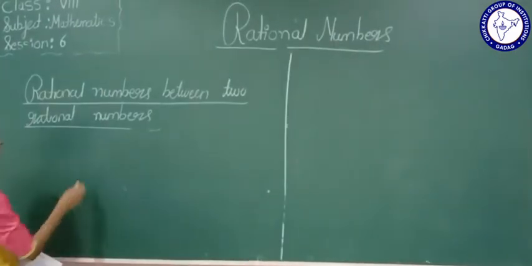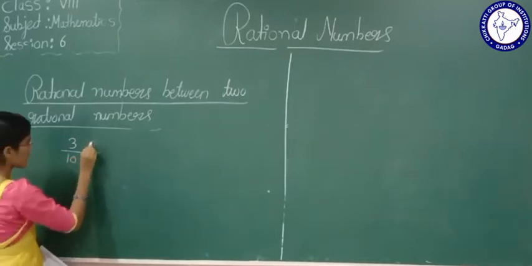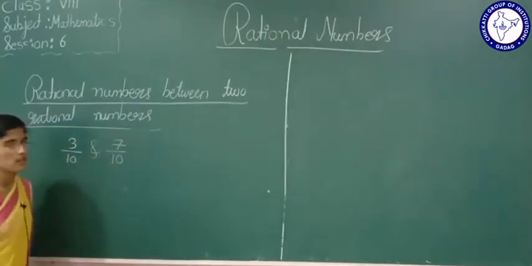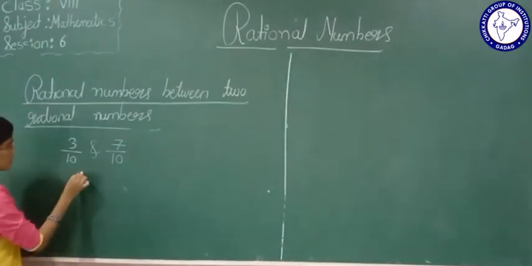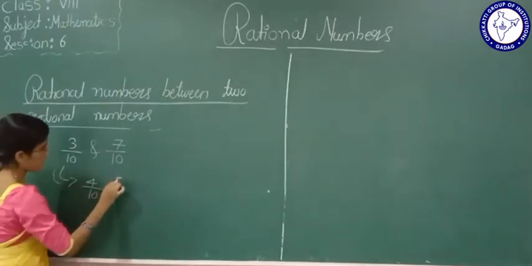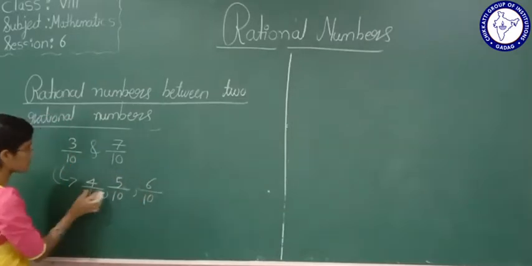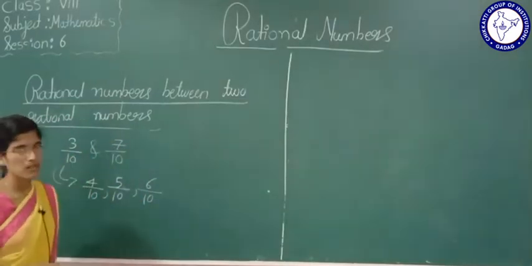If the same question I asked you for rational numbers, how many rational numbers are there between 3 by 10 and 7 by 10? What is your answer? You will tell that 4 by 10 is there, 5 by 10 is there, 6 by 10 is there. 3 rational numbers are there between 3 by 10 and 7 by 10.